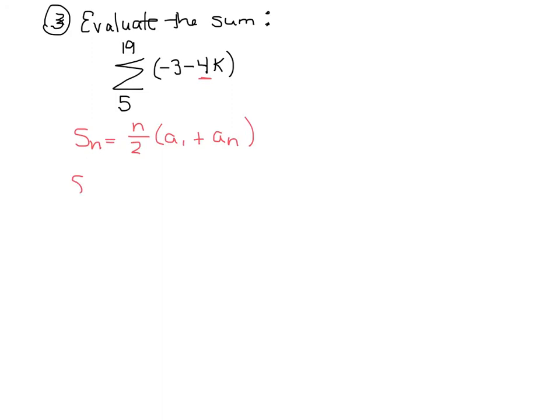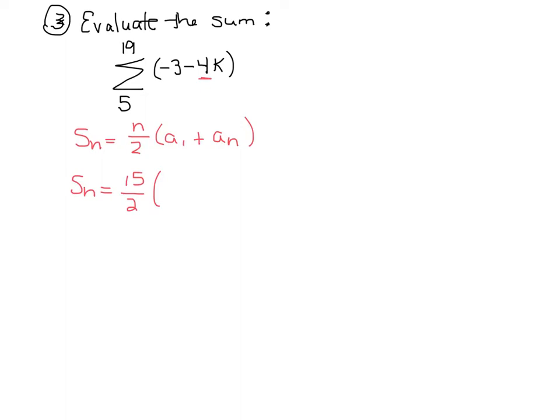So let's see, S sub n, if I'm going from 5 to 19, my n is 15, not 14. Remember, 19 minus 5 plus 1. My a sub 1, remember, is really my a sub 5 here.